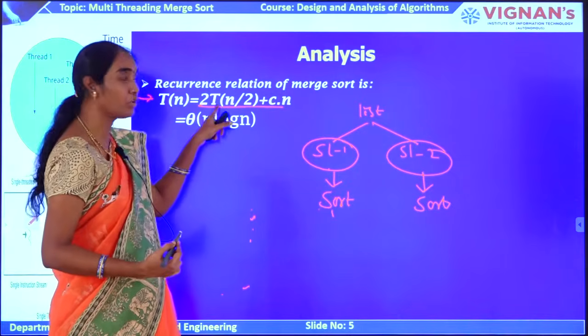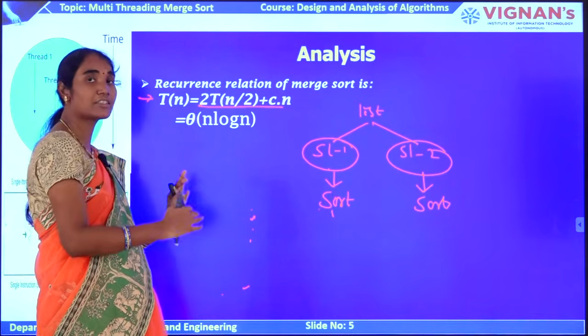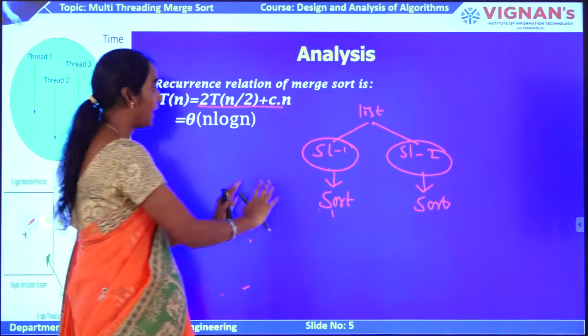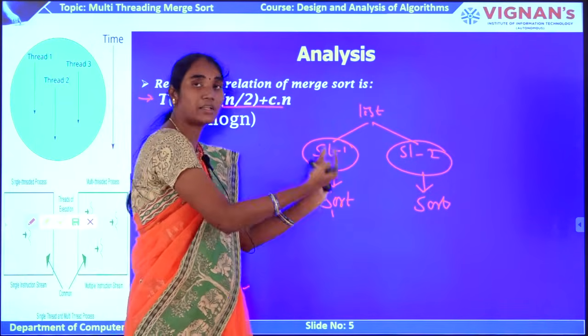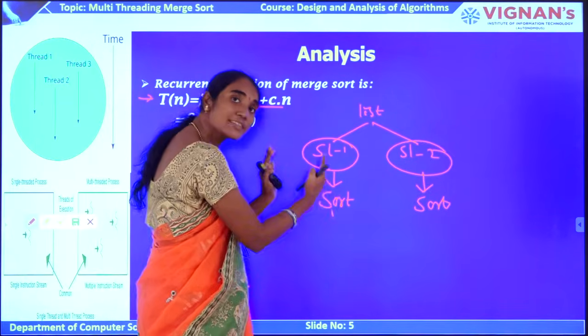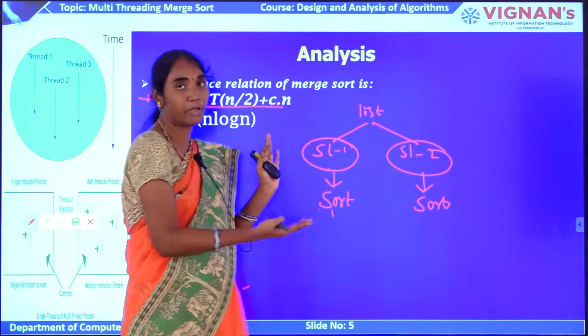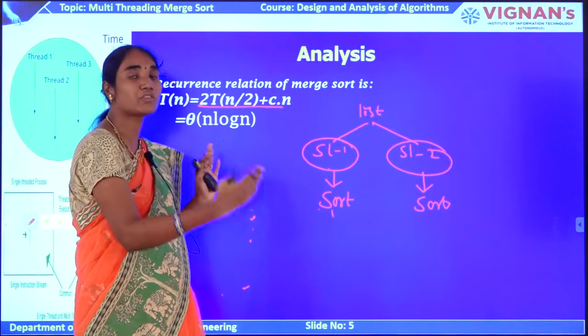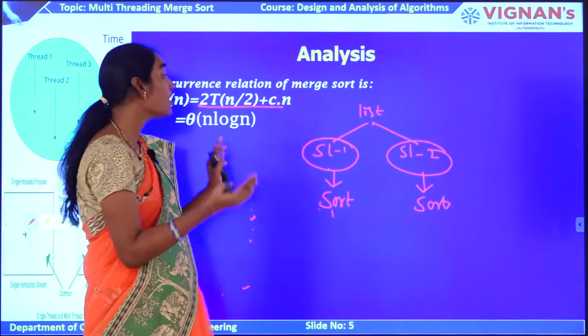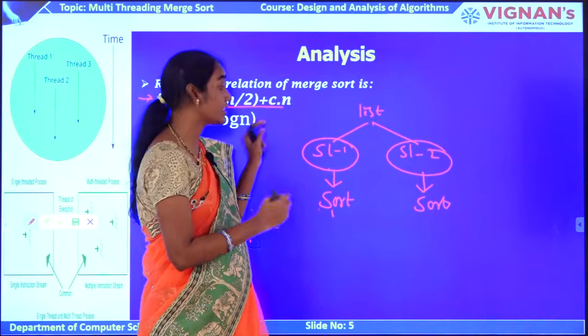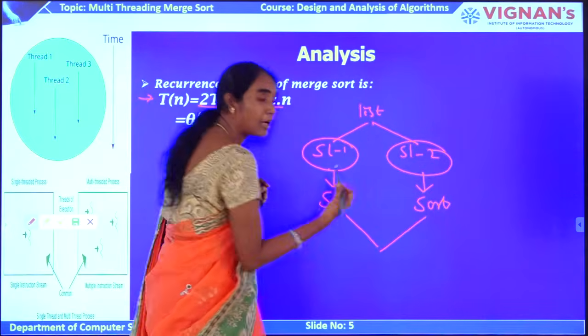So for that 2T of n by 2: for the half list, the time required is T of n by 2, and for the remaining half list the time required is also T of n by 2. That's why T of n by 2 plus T of n by 2 is 2T of n by 2. Whereas Cn is the time required for combining these two.